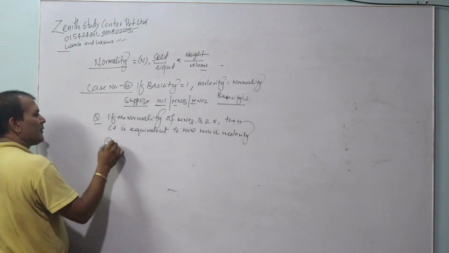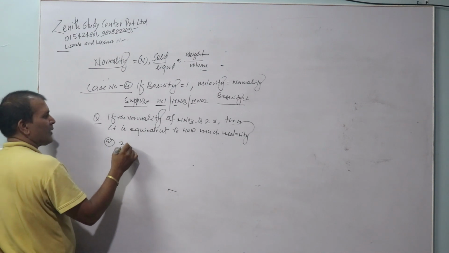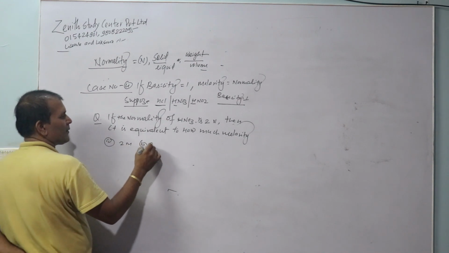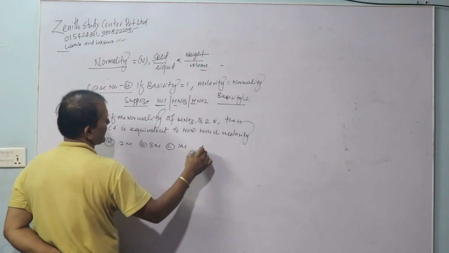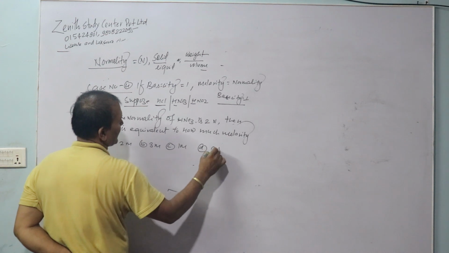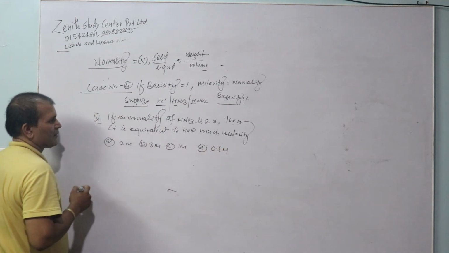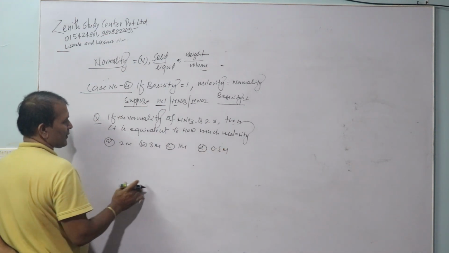Option A, 2 molarity, B, 3 molarity, C, 1 molarity, D, 0.5 molarity. So options like that.